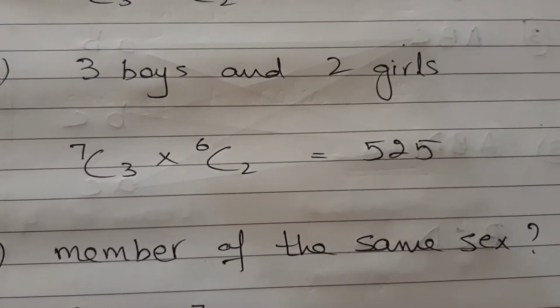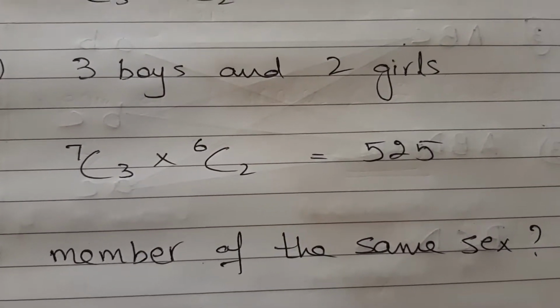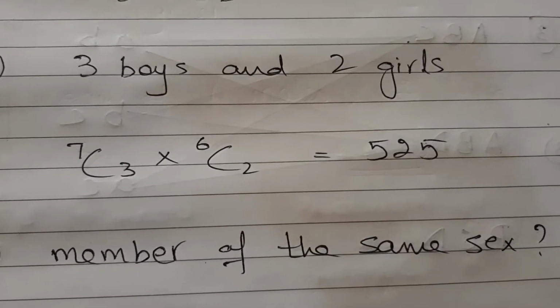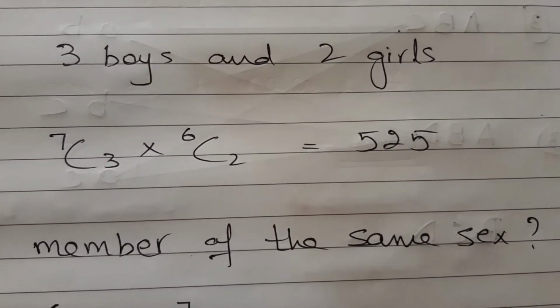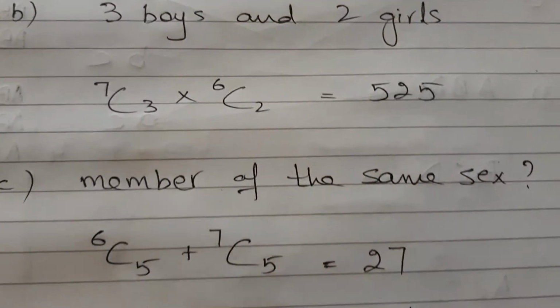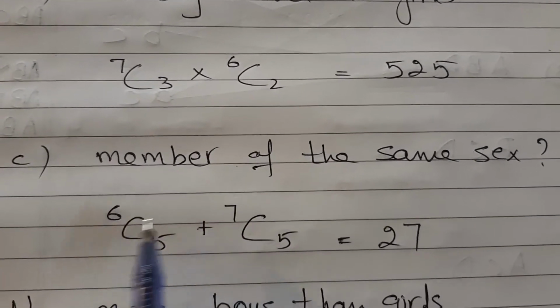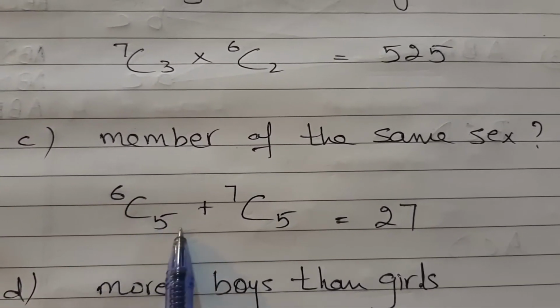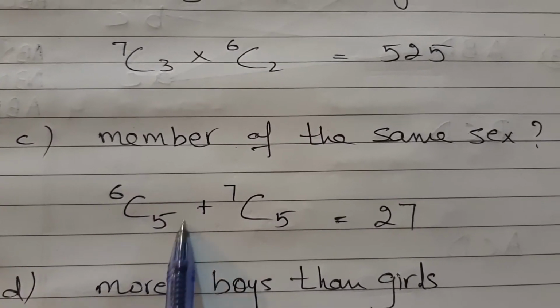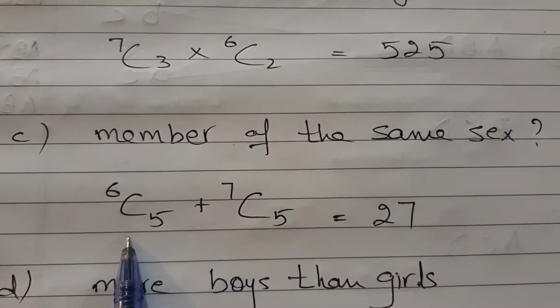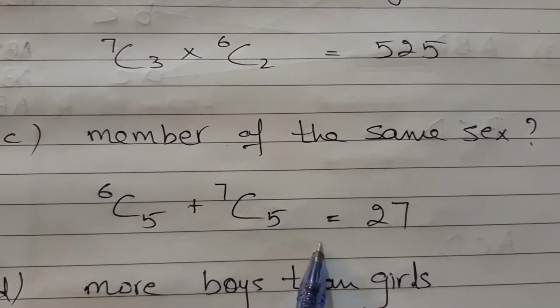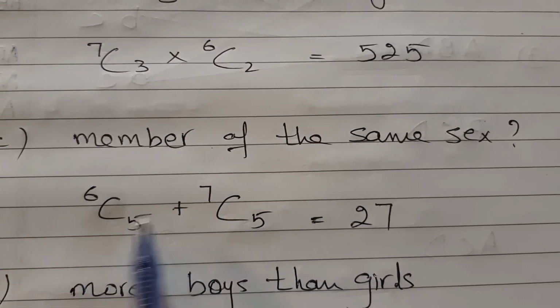And if I want all male members, all boys, because it is saying same sex, so I will do 7C5. Now, why did I plus? Because 6C5 is telling me the committee which has only girls and 7C5 only boys, so they are giving me the total number.